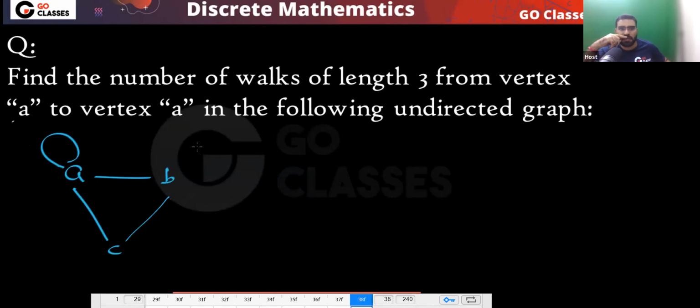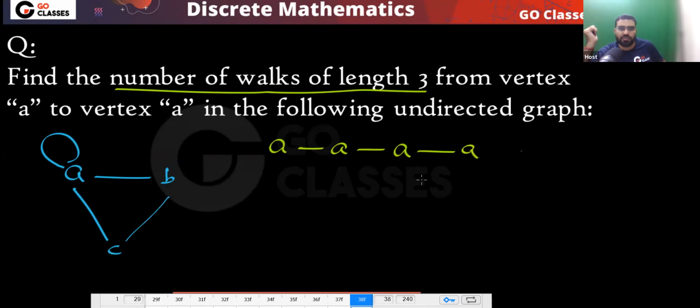So now you can go from A to A, then from A to A. Okay, so this is one walk of length 3. Or you can go from A to A, then to B, then come back to A.